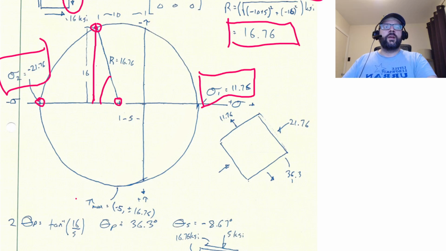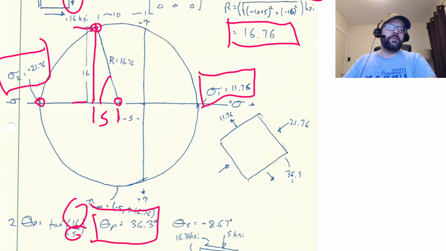And that gives us twice what our angle of rotation to get to the principal axis is. So if we need to get to where our principal stresses are, that's going to be 36.3 degrees.